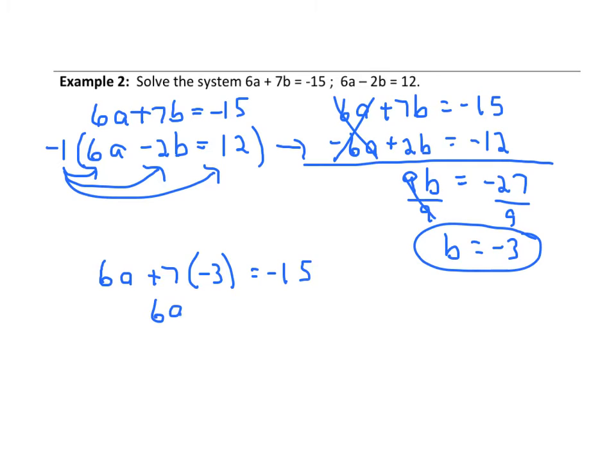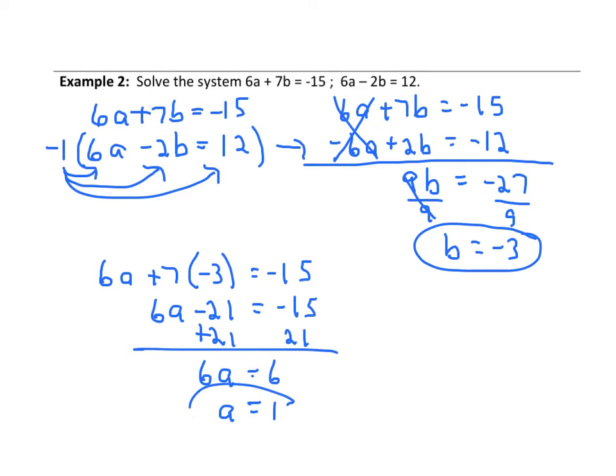So I'd get 6a minus 21 is equal to negative 15. Then I add 21. So I'd get 6a is equal to 6, which means a is equal to 1. So the solution to this system is the ordered pair 1, negative 3. And that's the point of intersection of those two equations.